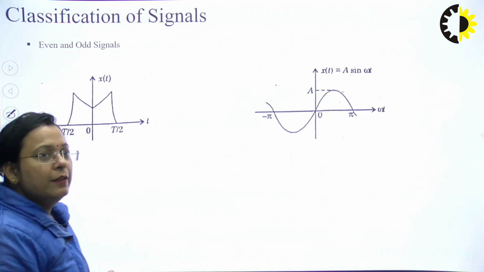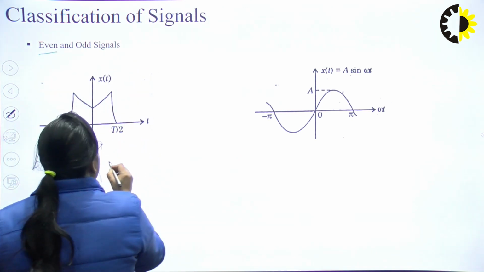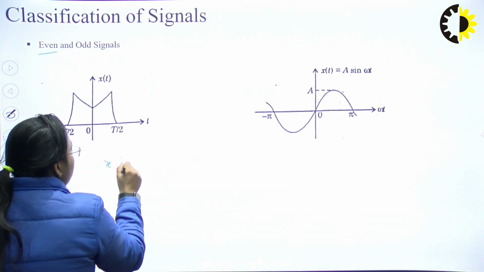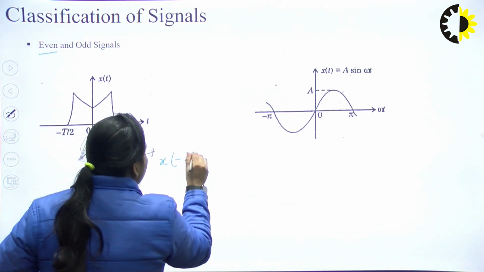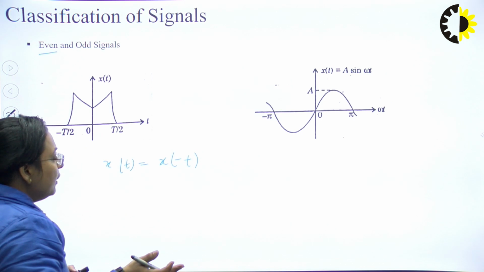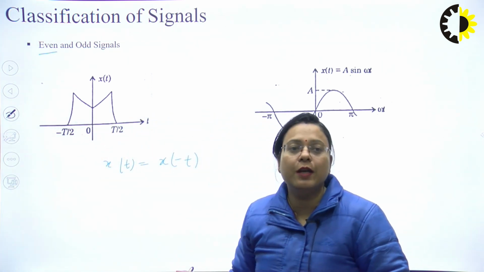So another signal is the even and odd signal. So even signals are, if signal xt is the even signal, then even signals are those signals which are symmetrical to its time reversed counterpart.